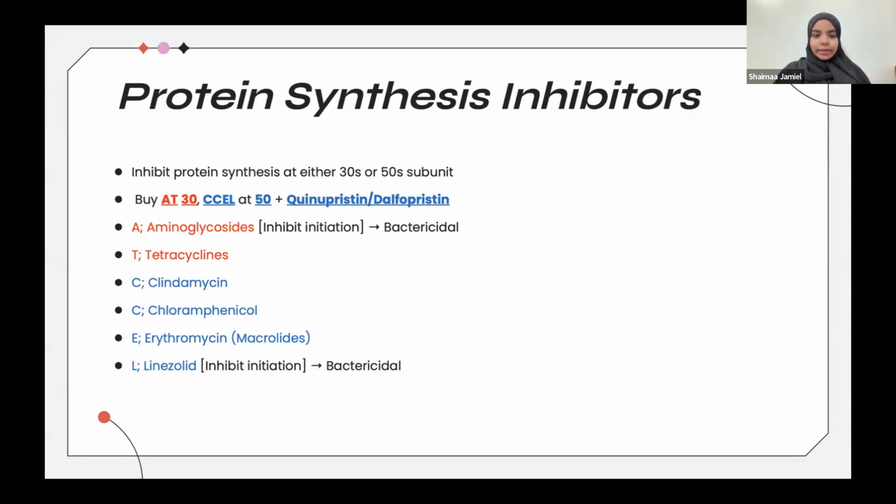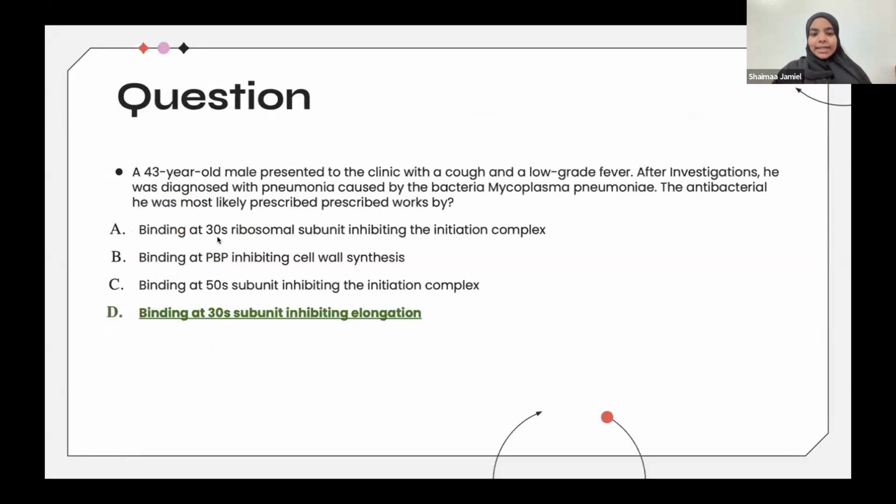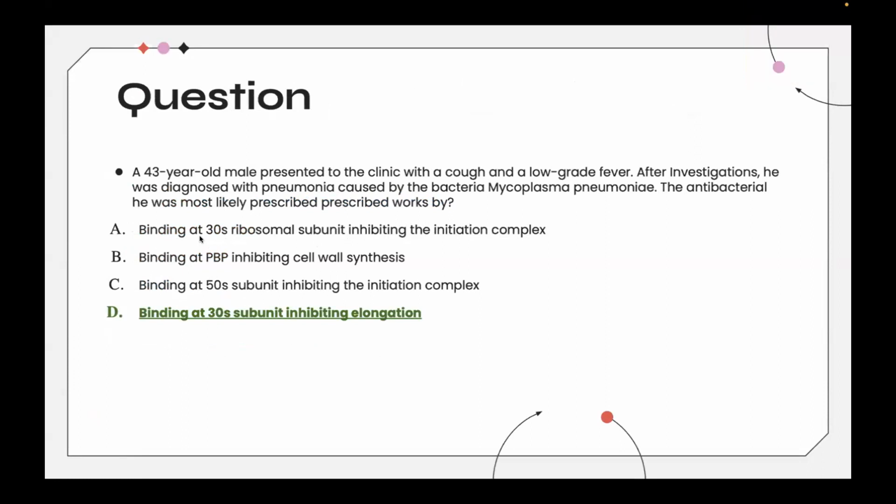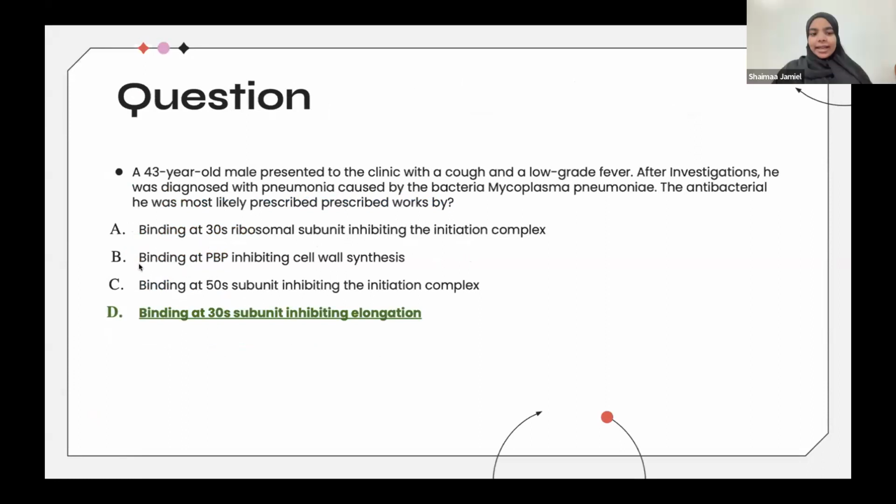So if we go here, binding at the 30S ribosomal subunit inhibiting initiation, what drug would this be? Binds at 30, so it's aminoglycosides. Yes, aminoglycosides. And binding at penicillin binding protein, this is definitely one of the beta-lactams.